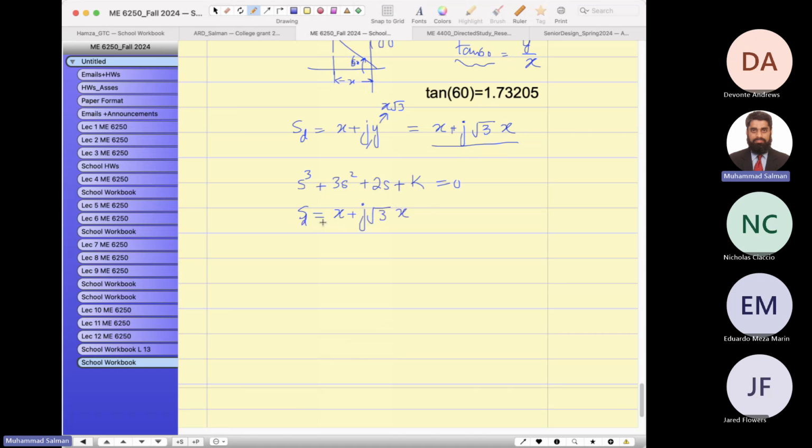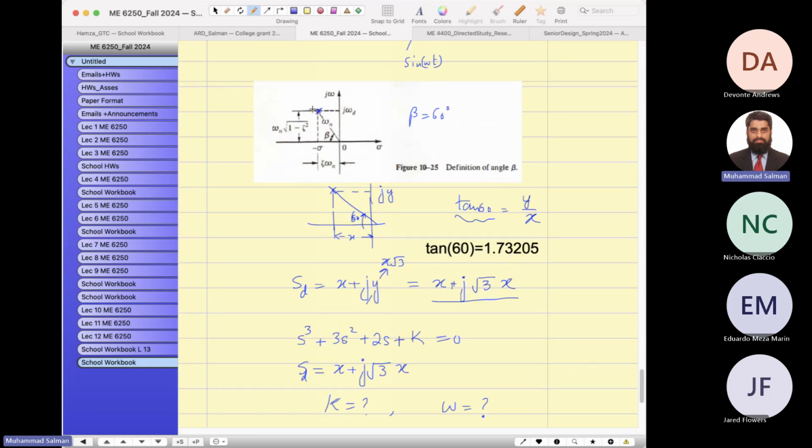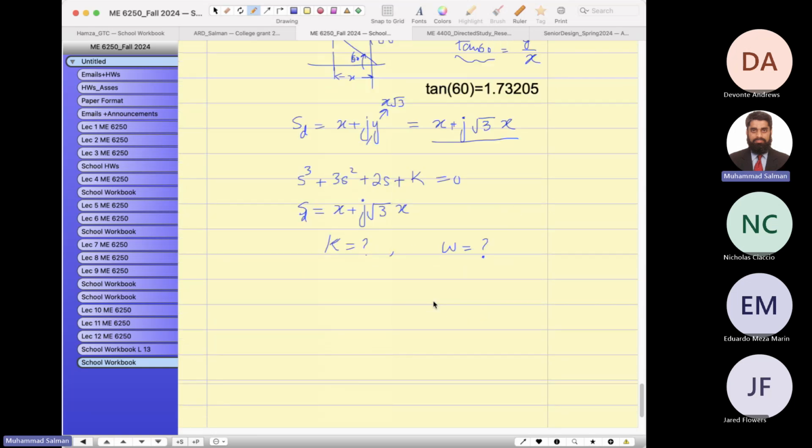Now you have to plug it in, and from there you will find out the gain value and the frequency value, everything you can find out, because every location on the Laplace plane possesses the frequency as well as the damping.